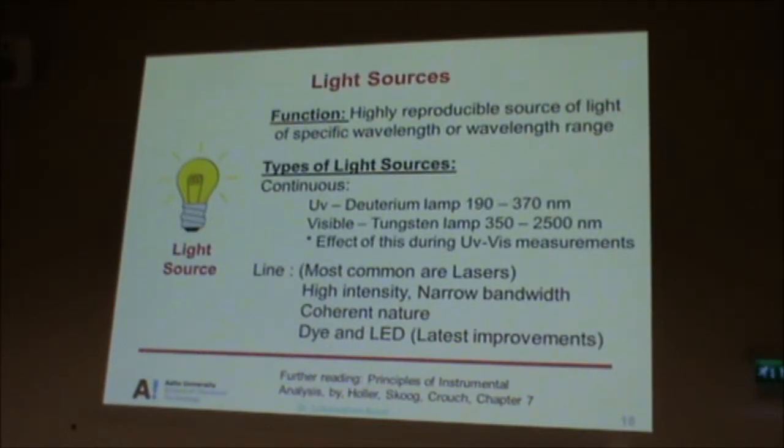And nowadays we have lasers that are dye and also LED powered, and this has made the use of lasers very common. In the beginning, I think 30 years ago, you could have lasers that could produce only maybe blue light, green light, only 3-4 wavelengths. But now, because of dyes and LEDs, you have a range of lasers available. The wavelengths that you can choose from are much broader now.